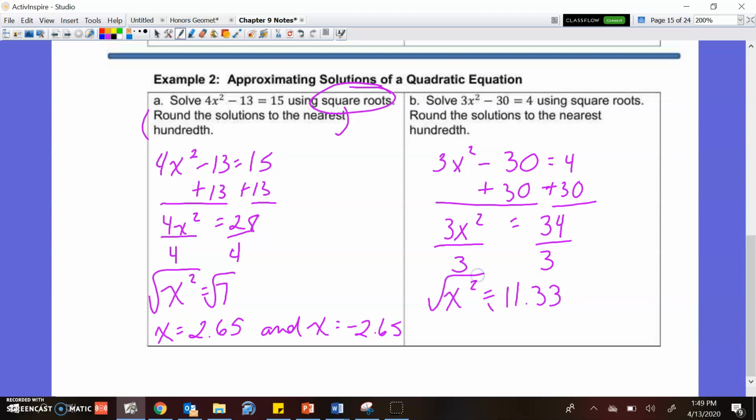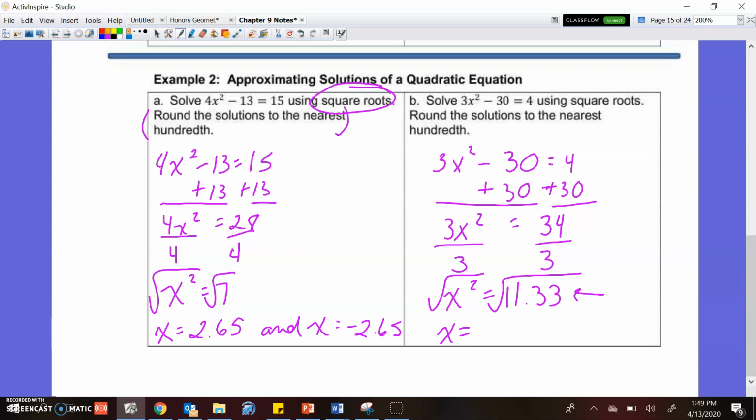And now I'll take the square root of both sides. So my square root becomes both positive and negative. Now on my calculator, I still have 11.3. This is minor, but I have all those 3's written in there. So if you can keep the original problem in your process before, like here I rounded it when I wrote it. But if you can avoid rounding within the problem, it's better off.